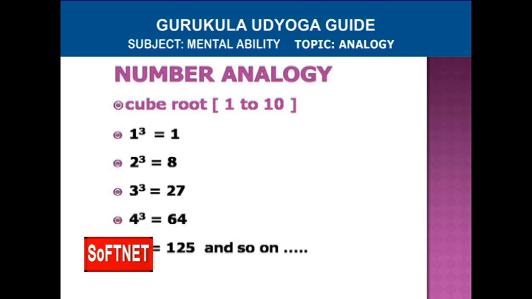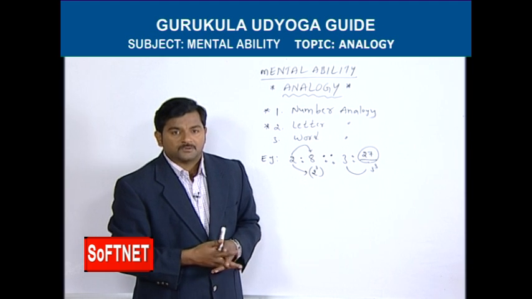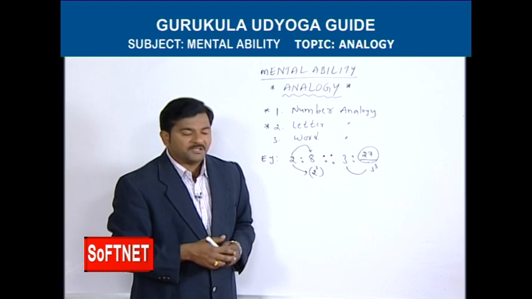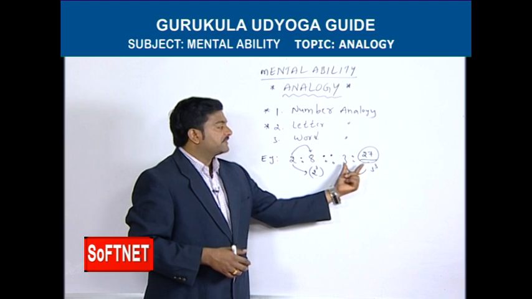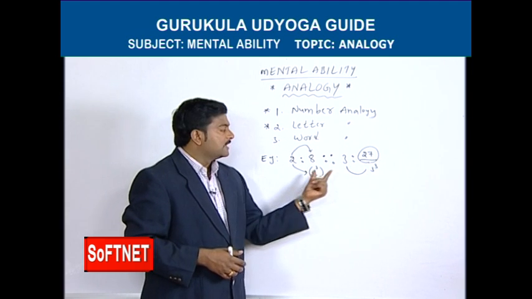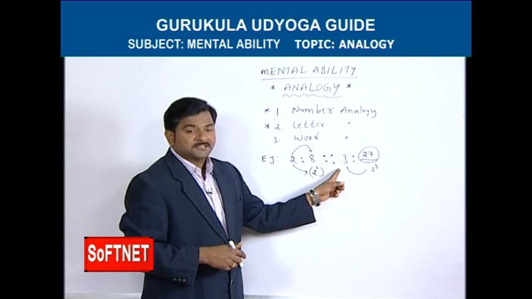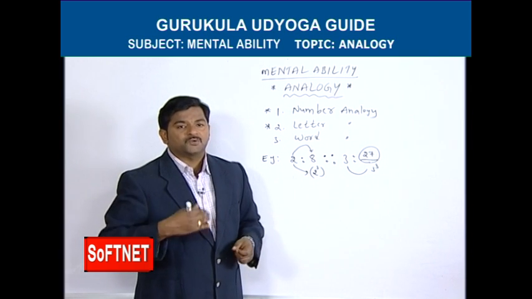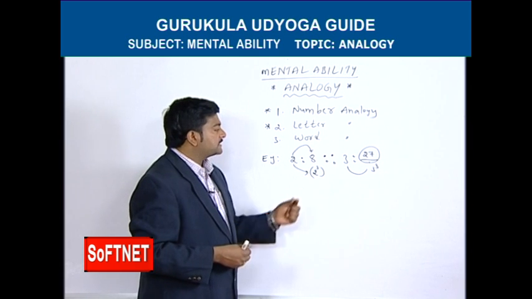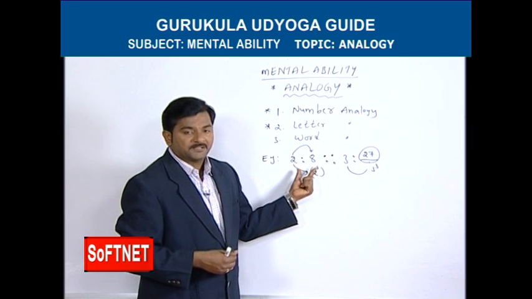This type of question is called an analogy question, that too a number analogy question. Here two sets of numbers will be given. This is one pair, this is the second pair, and these two pairs are separated by the symbol "is as". You need to think in two ways. First way is to apply various concepts to pair set 1.